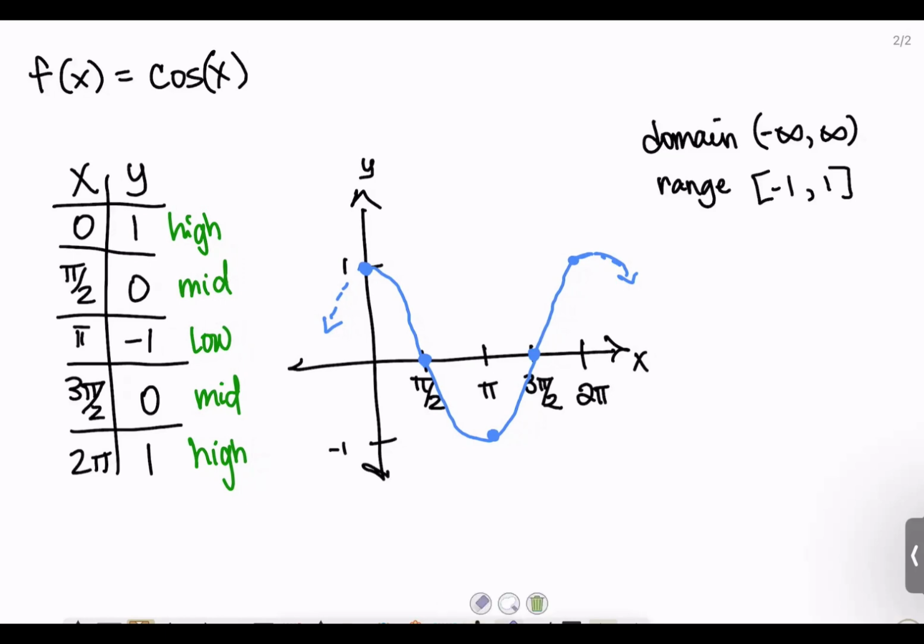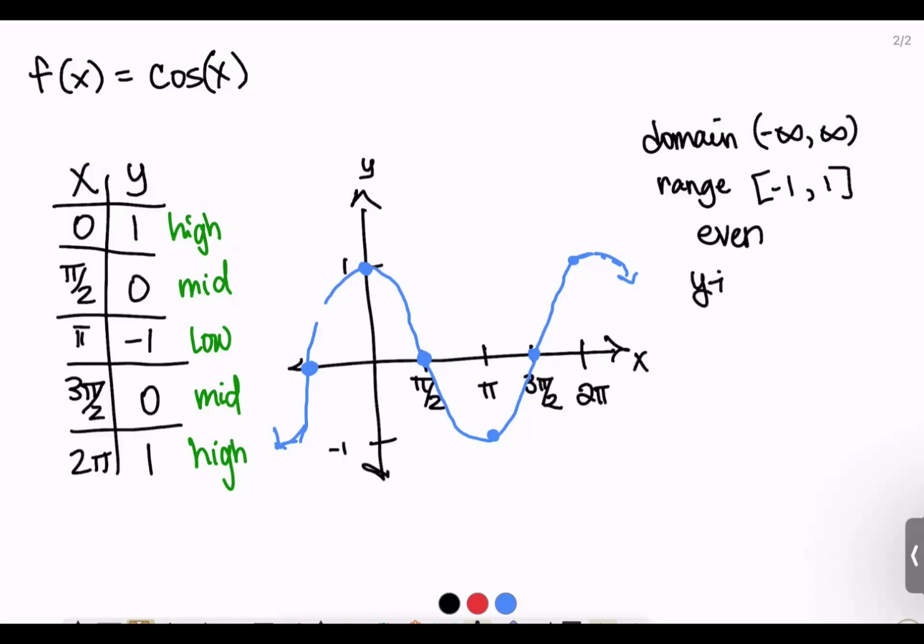If I were to continue this graph a little bit more, you can see that if I were to fold it along the y-axis, left side and the right side would match up. That's y-axis symmetry. That makes this an even function, in addition to the definition that we had before. So this cosine of pi/2, this point here, should be equivalent to cosine of -pi/2. That's an even function.